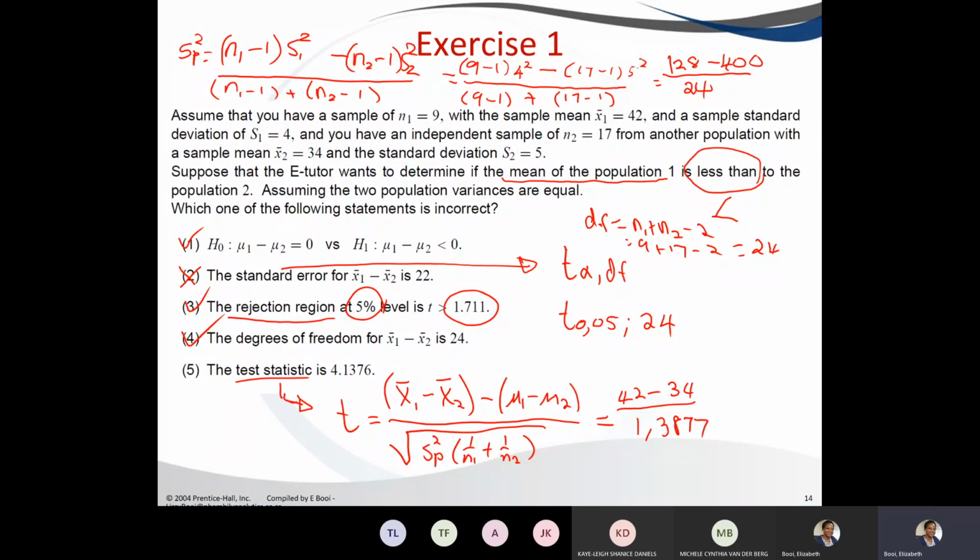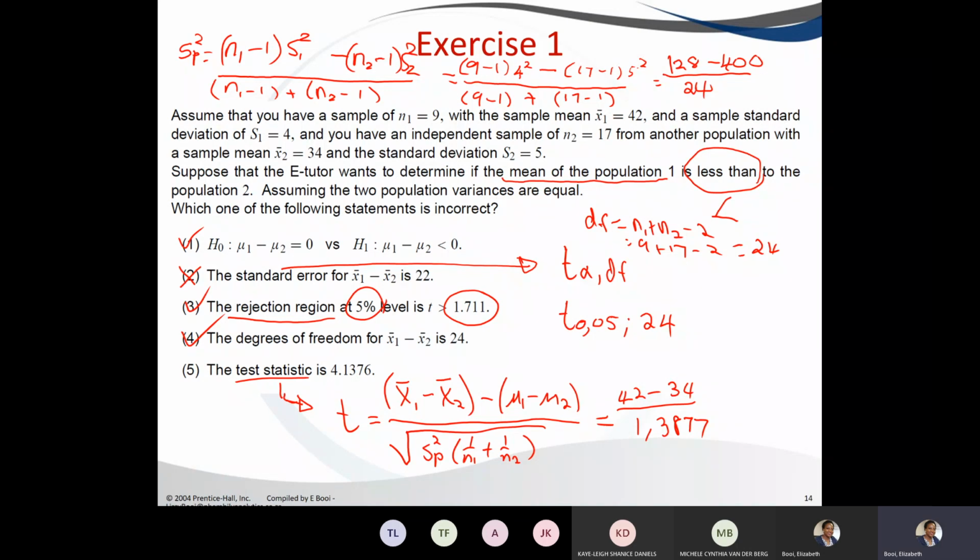I'm going to use it the way you got it there. So 42 minus 34 equals 8. Divide by 1.3877 equals 5, did we get it right? It gives me 5.716756. Do you also get the same?